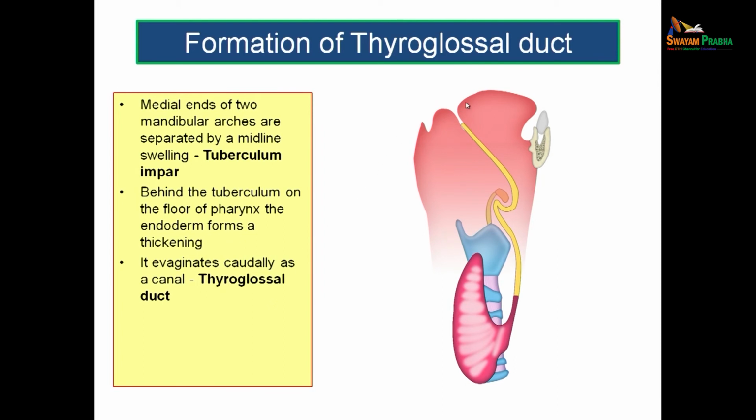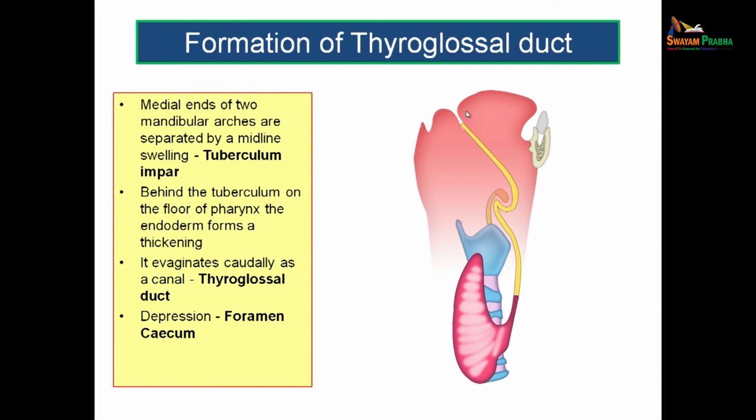So there is a thickening behind the tuberculum impar. The thickening is formed by the endoderm, and there is an invagination into this thickening, and this invagination will be carried towards the caudal region as a canal. This canal is known as the thyroglossal duct. The point from which the invagination happened is known as the foramen cecum.